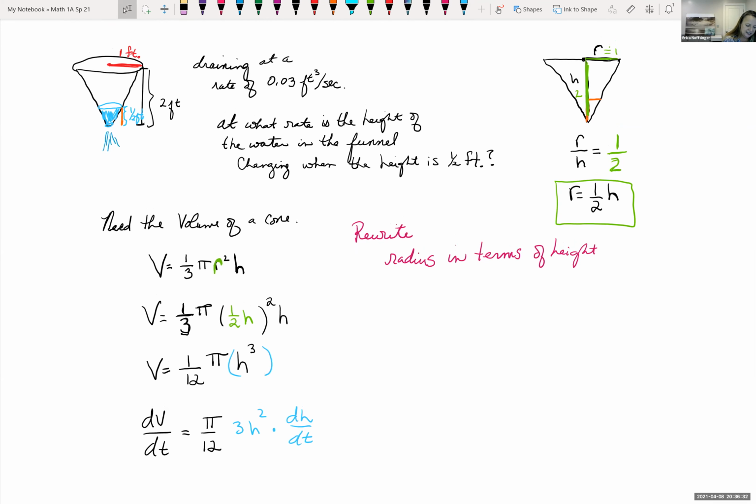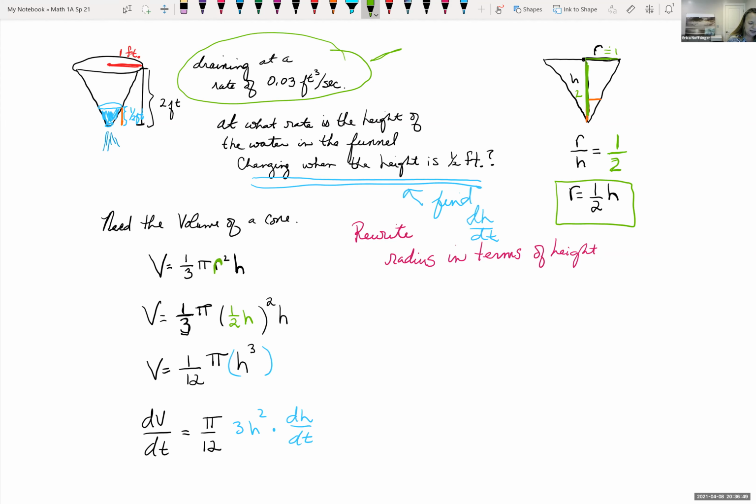We're trying to find this change of the height. So we're trying to find dH dt at this height. We know the rate it's draining at. So we know what dV dt is. It's 0.03 cubic feet per second.